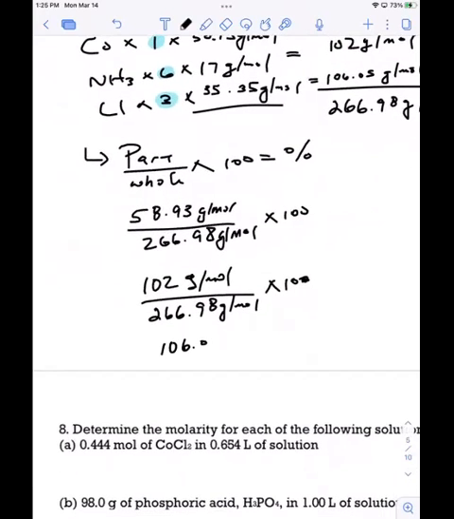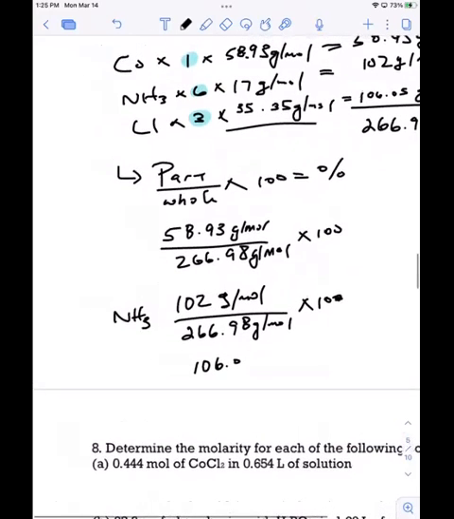This is NH3, that's Co, and that's Cl. So 106.05 divided by 266.98. And all the units for both are grams per mole.